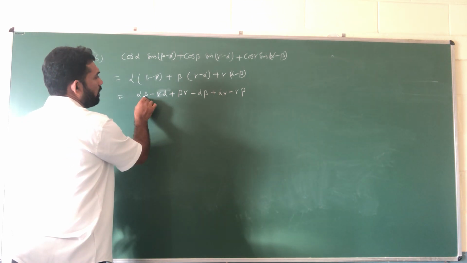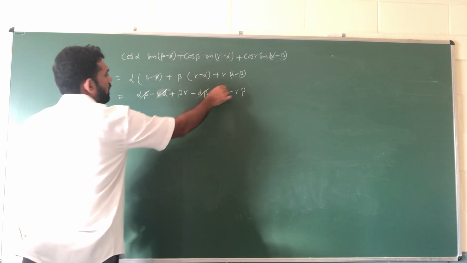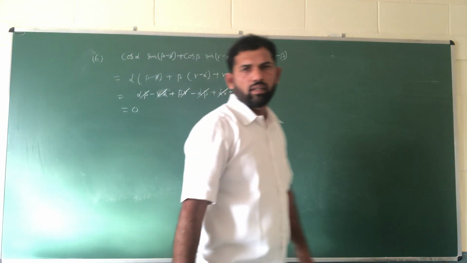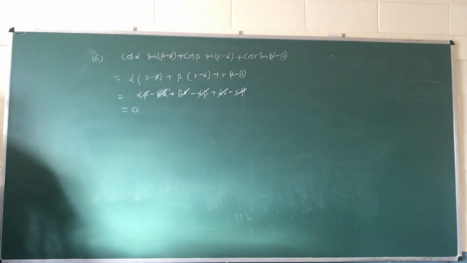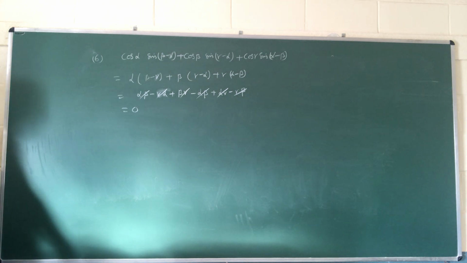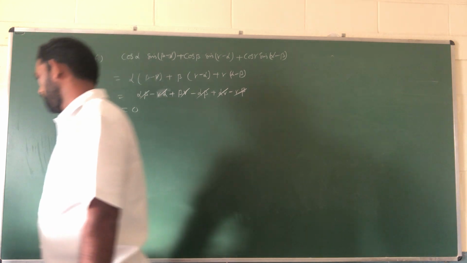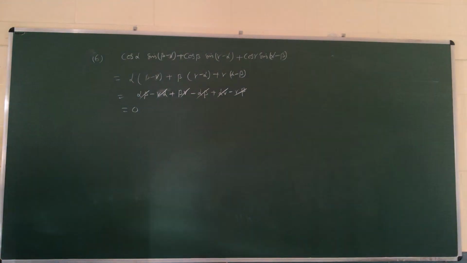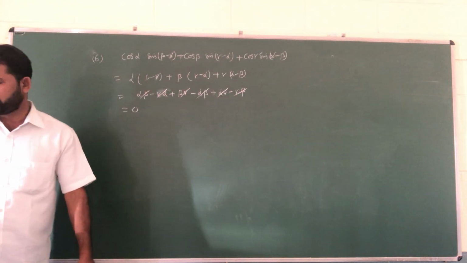So you see alpha beta cancels, alpha gamma, beta gamma, beta. So the answer will be 0. Note down fast.